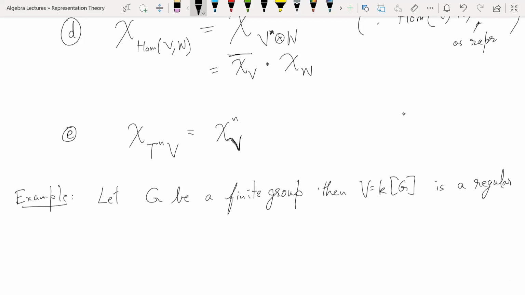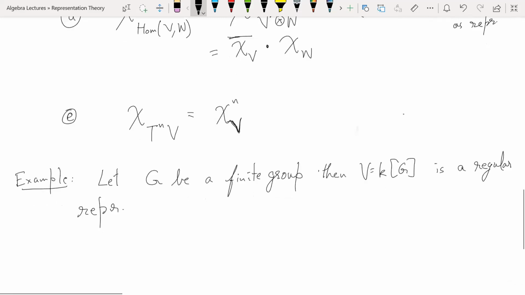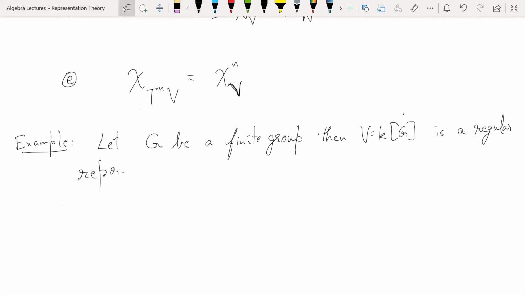So we know how the action is. You think of it as linear combinations of elements of G, and then the action is pretty straightforward. You can also think of it as functions from G to K, and then the action is somewhat different. But it doesn't matter. They are both isomorphic.